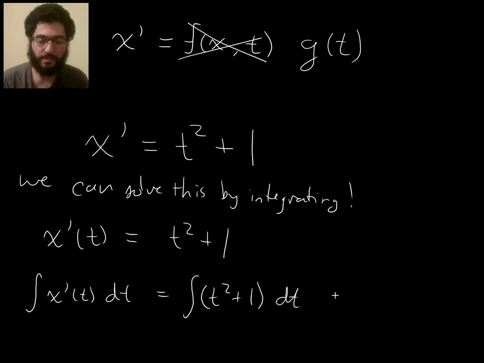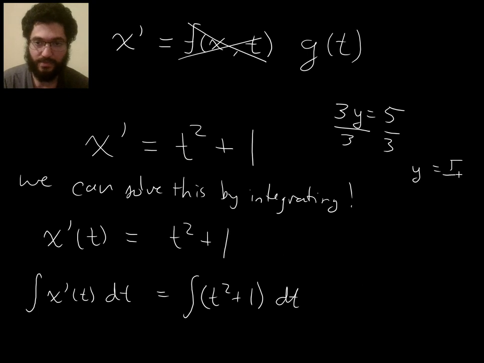Another way you can think about this is, it's like when you're solving algebraic equations, like if you've got 3y equals 5, how would you solve this? You would divide both sides by 3, like that, and then get y equals 5/3.